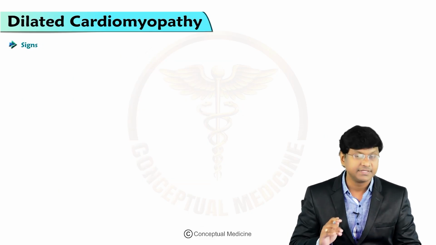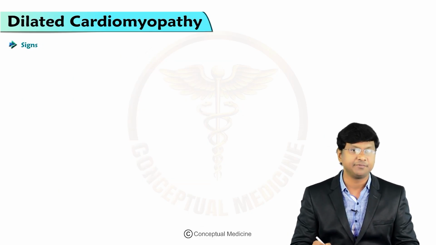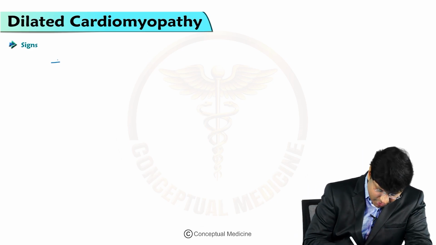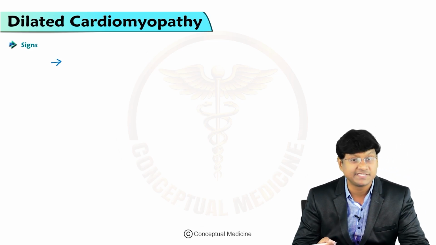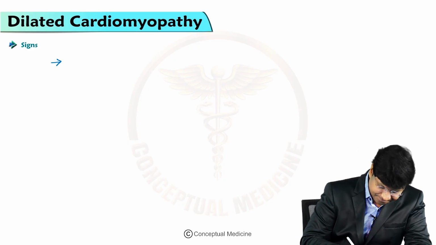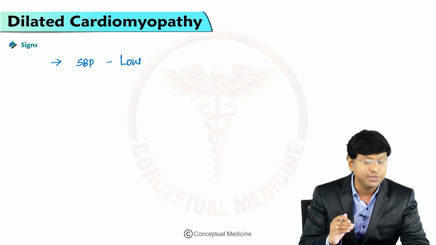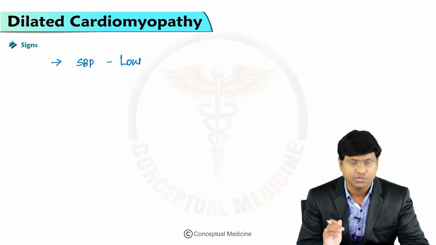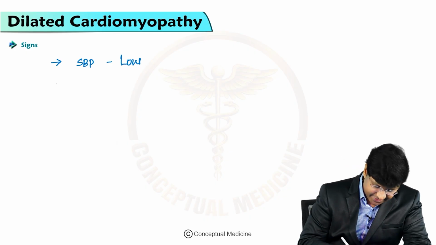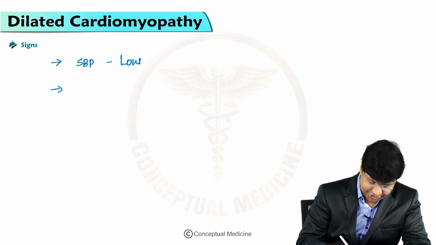Now, if you observe the signs in patients with dilated cardiomyopathy, because it is the disorder characterized by systolic dysfunction, there will be reduced systolic blood pressure or low systolic blood pressure, and thereby what will happen to your pulse pressure?